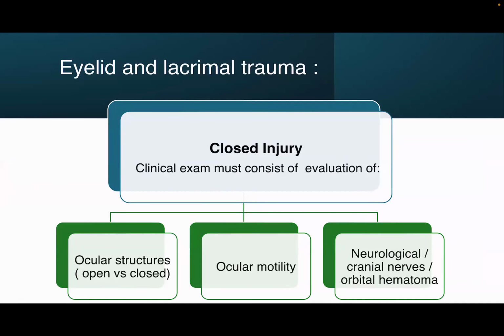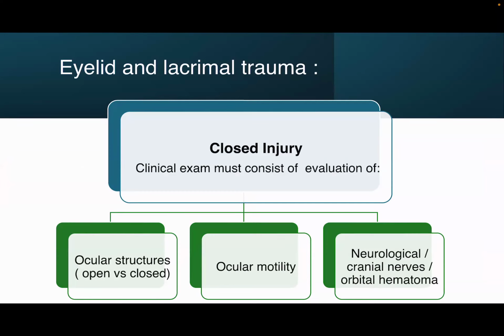Before going to the globe injury itself, we have to first address the eyelid and lacrimal structures trauma. Here as well, whether closed or open, accordingly we have to assess the patient. In closed injury of periocular structures, the lids and the lacrimal system, we have to look carefully for these points.